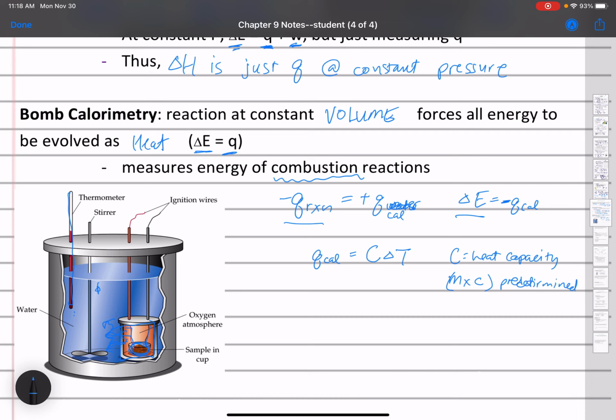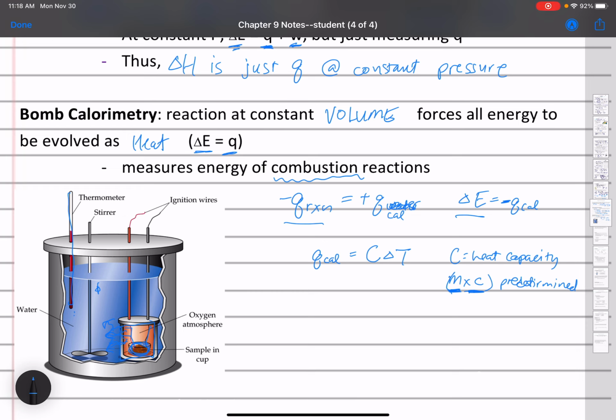A calorimeter is standardized or calibrated based on the mass of water in it and the specific heat of the water. So that big C is just incorporating what we already know about this equation. Usually it's m little c times change in temperature, but big C is just a predetermined number that comes from the mass of water and the specific heat of water.